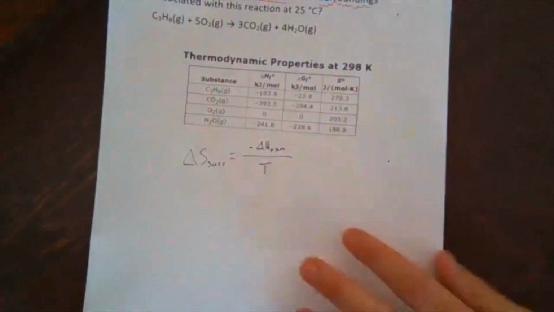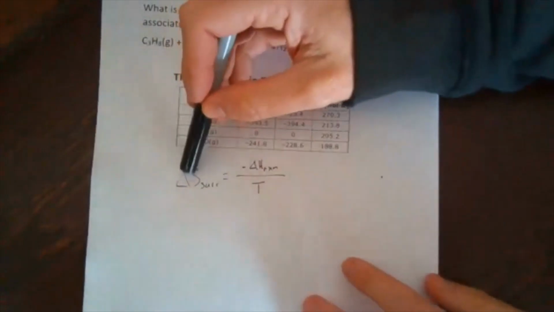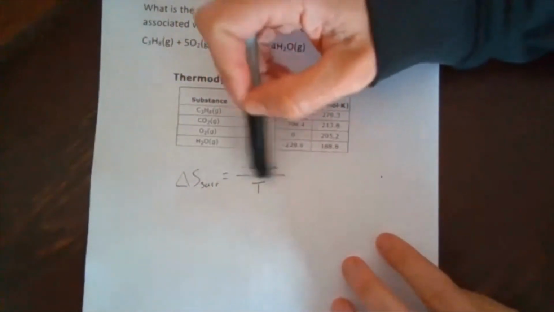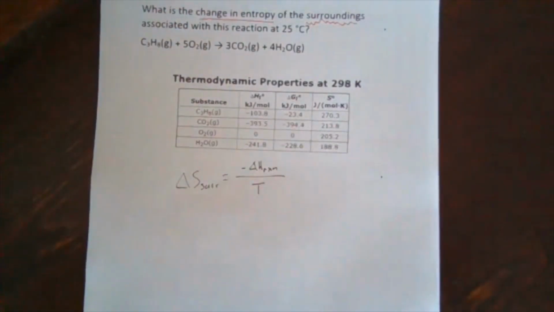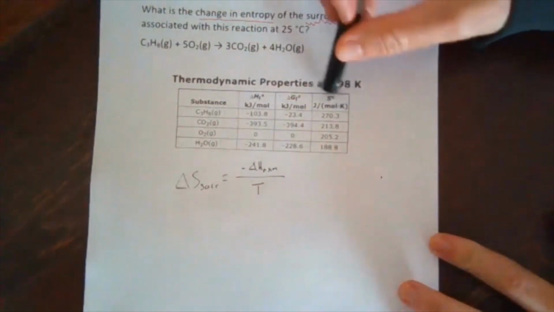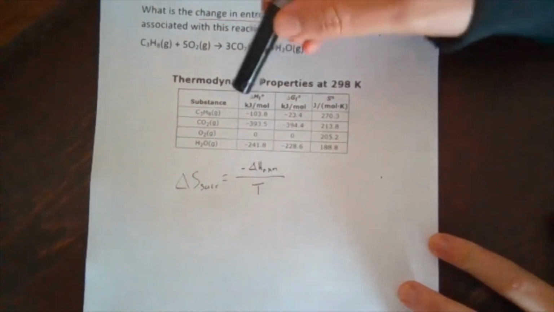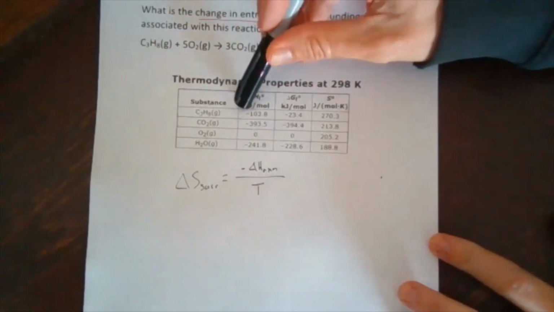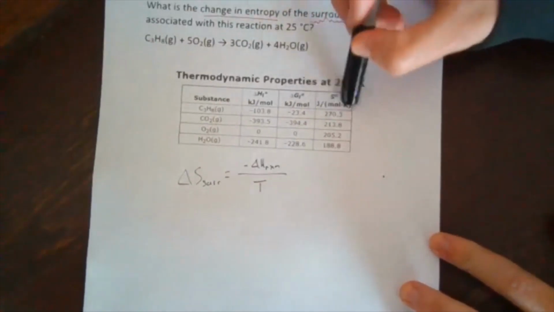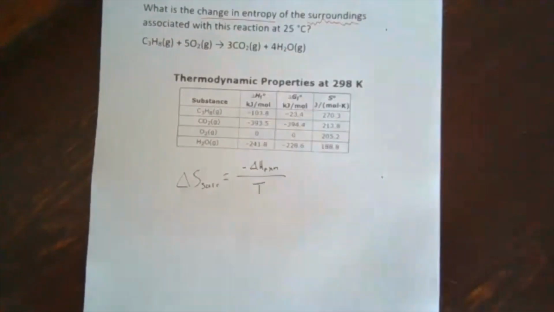We know that the change in entropy of the surroundings is due to heat from the reaction, so we're going to look at what heat comes out of the reaction. Negative just changes the perspective, and dividing by temperature is what turns it into an entropy. You see that K in the reference S values, whereas enthalpy is just energy per mole. So we want energy per mole per temperature. So throw temperature in there.